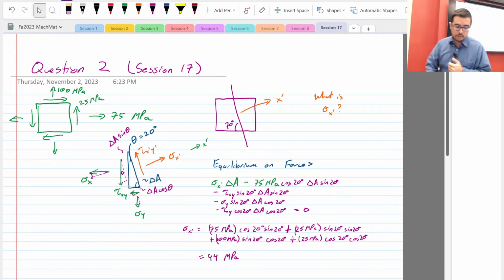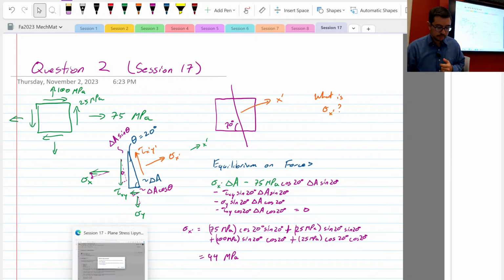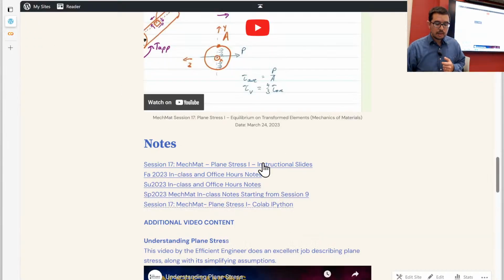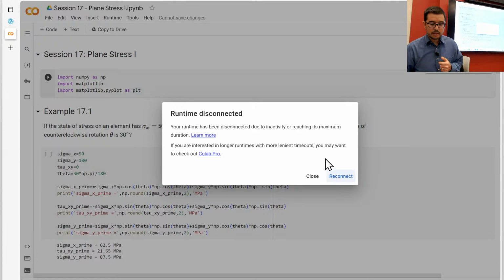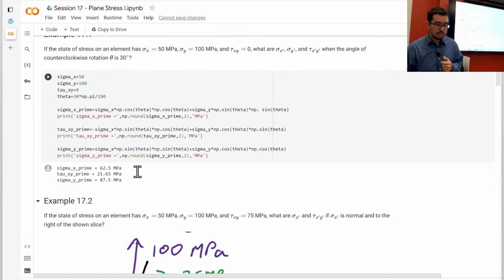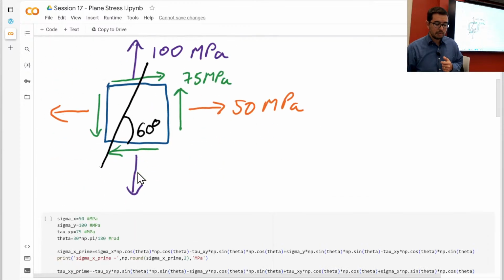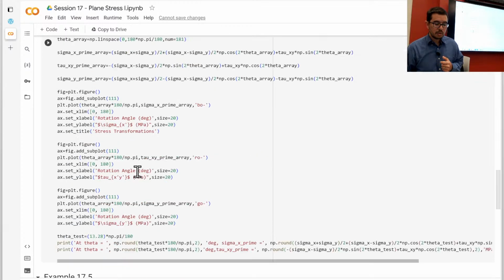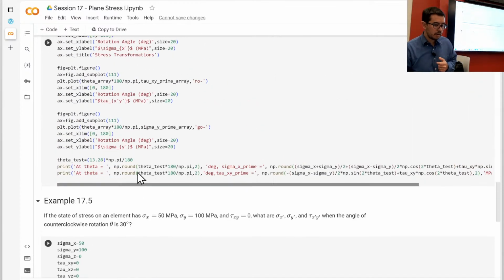I highly suggest that you take a look at using the Colab provided. I'll just pull that up for you. So if you go to the notes section for session 17, you'll see that there is a plane stress 1 Colab. Okay. And I've timed out, but you'll see that there's example 1, example 2, example 3, and you can use those codes if you like to help do the other things.